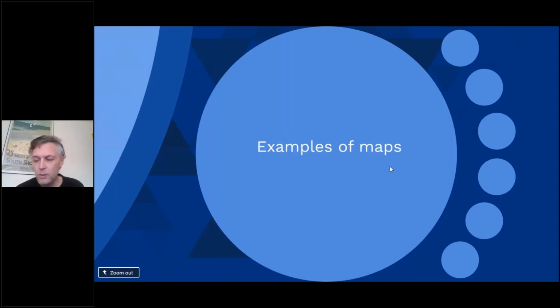Concept mapping was effectively being developed at almost the same time in the early 1970s by a researcher named Joseph Novak. And he was specifically working with small kids who were struggling with different learning abilities that they had.